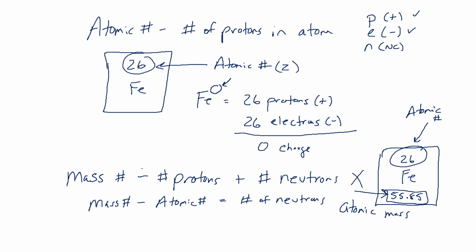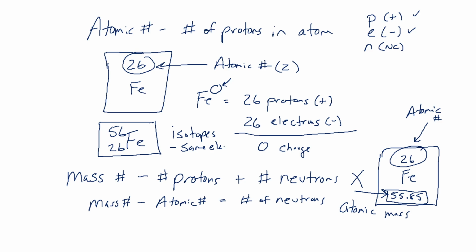So let's just say, for example, we had iron 56 and here 26. This, by the way, is a very common way that people write isotopes. And isotopes are the same element, but different masses.